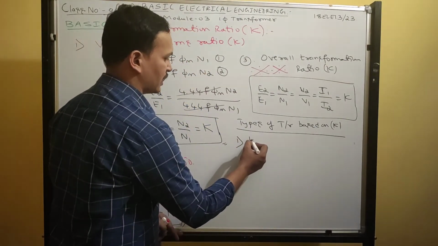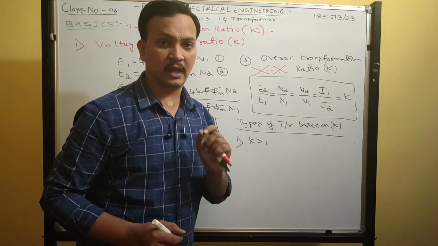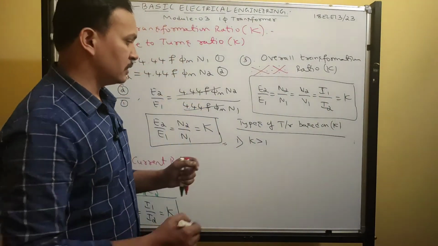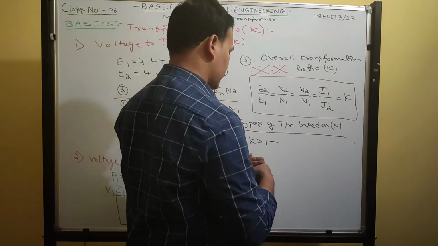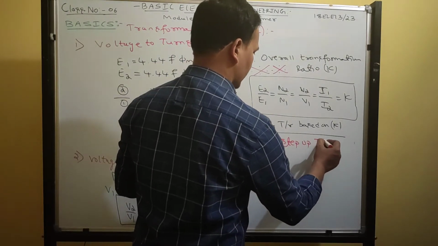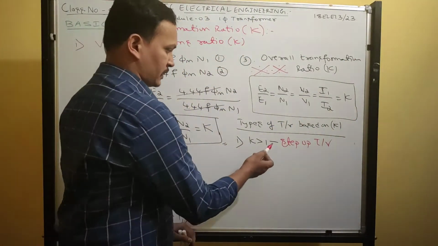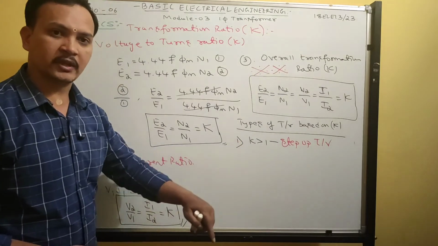See, when the K value is more than 1, if we get a transformation ratio value K more than 1, then the transformer is called a step up transformer. What is the condition to get K value more than 1?